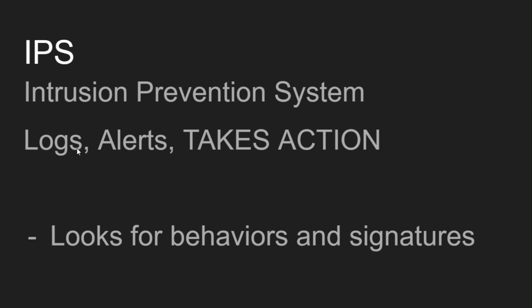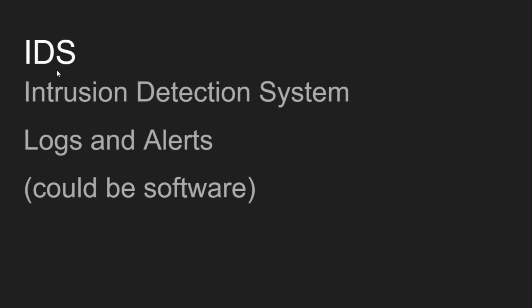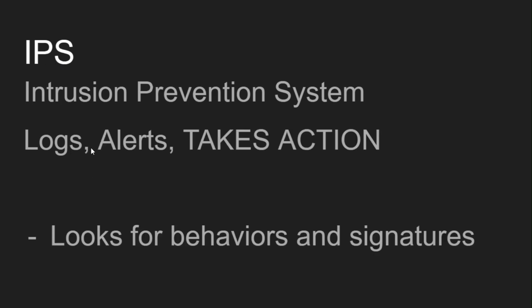That is what distinguishes an IDS from an IPS. The IDS is responsible for logs and alerts. The IPS is responsible for logs, alerts, and it takes action. That is the major significant difference. It's looking for behaviors and signatures, and we'll get deeper into that.